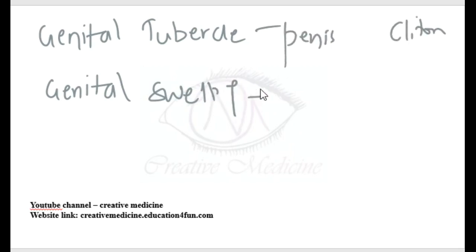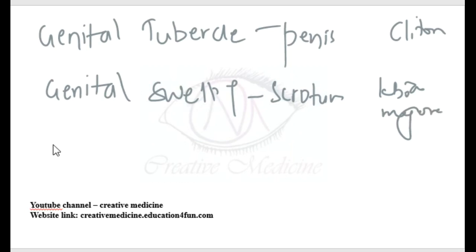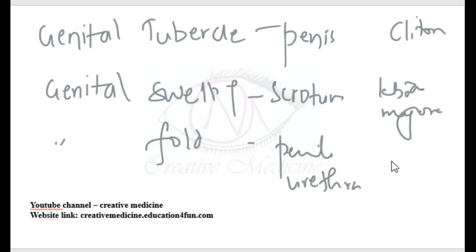Genital swelling in males forms scrotum, in females forms labia majora. Genital fold in males forms penile urethra, genital folds in females form labia minora.